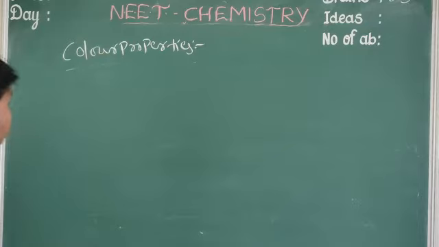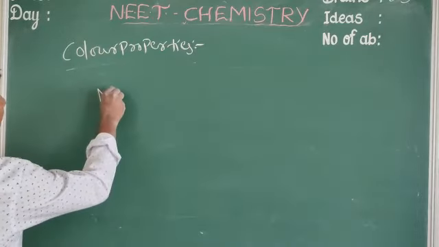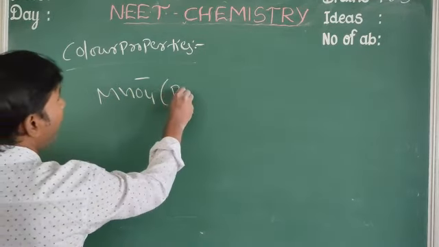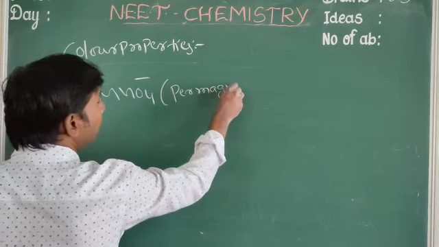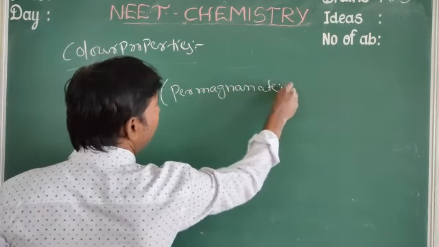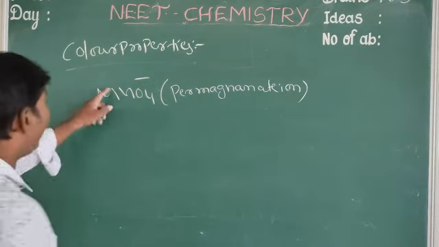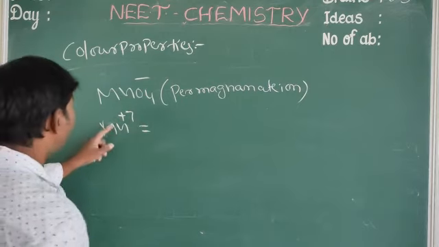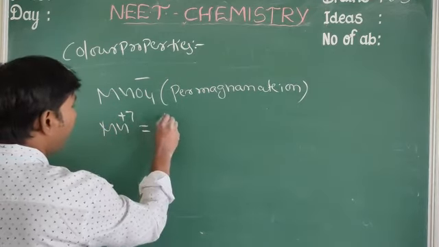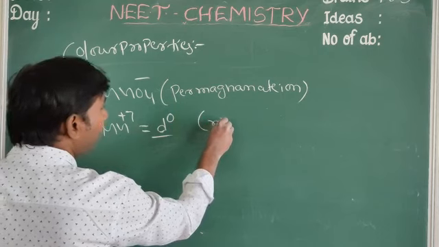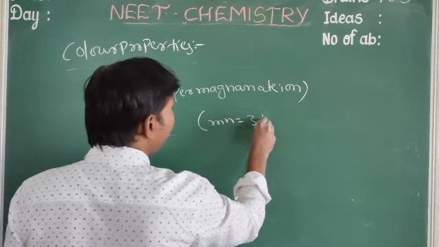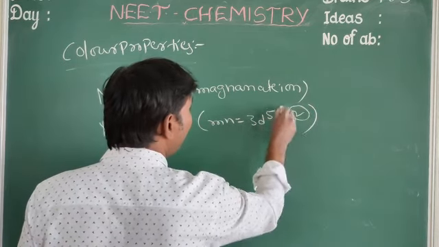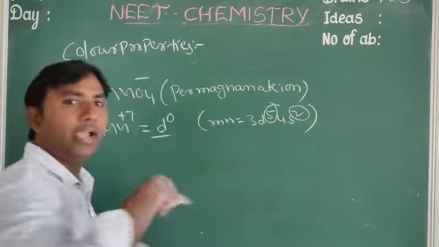Then some elements, for example, the permanganate ion, MnO4 minus. Here the manganese oxidation state is +7, which means d0, because manganese is 3d5 4s2, and +7 means these 2 electrons and 5 electrons, 7 electrons eliminated.